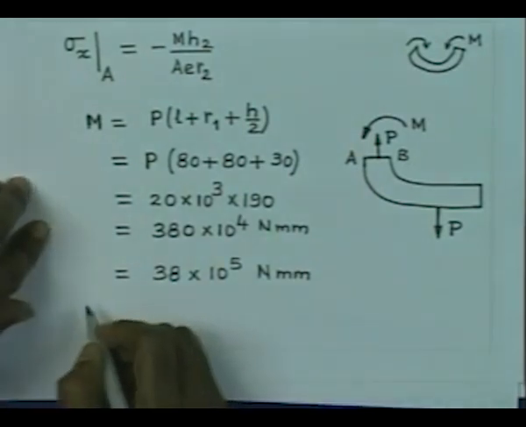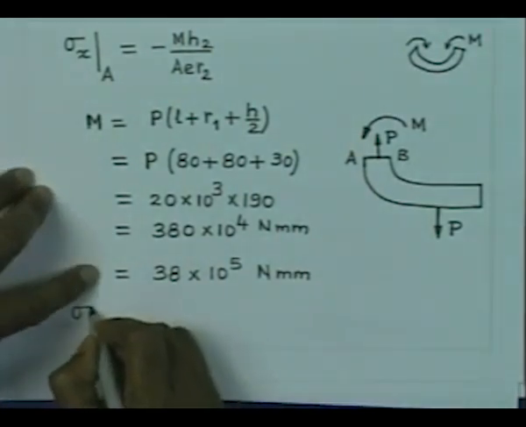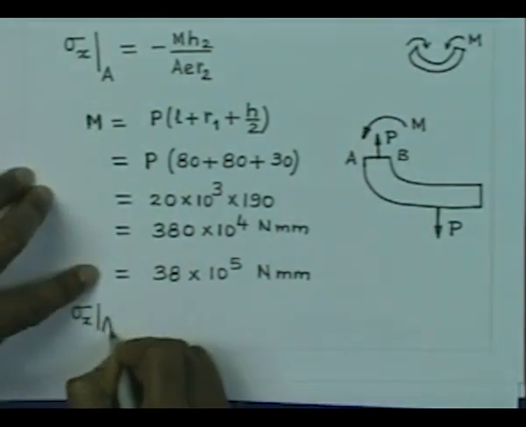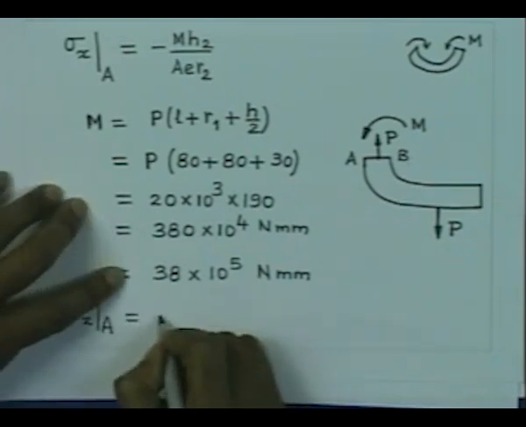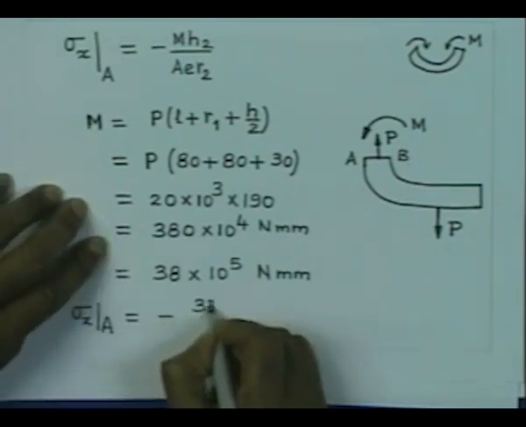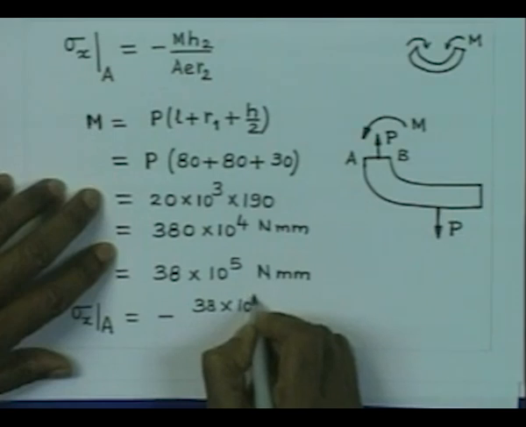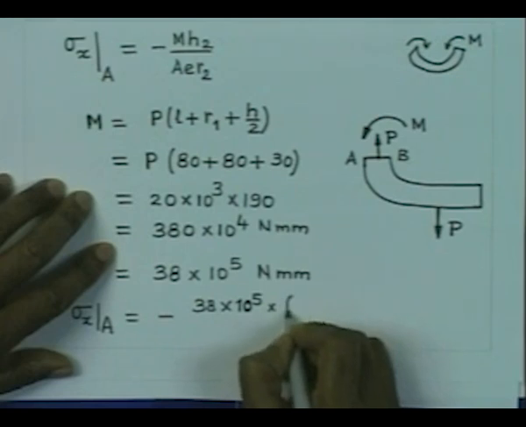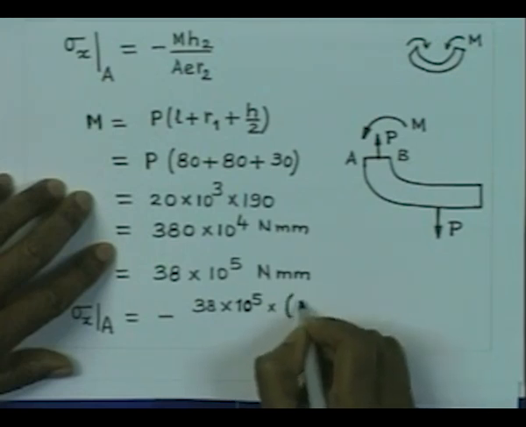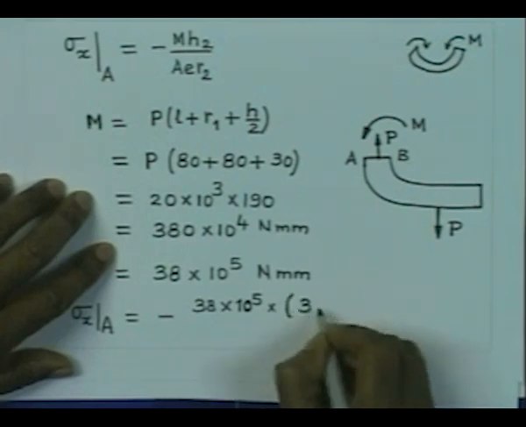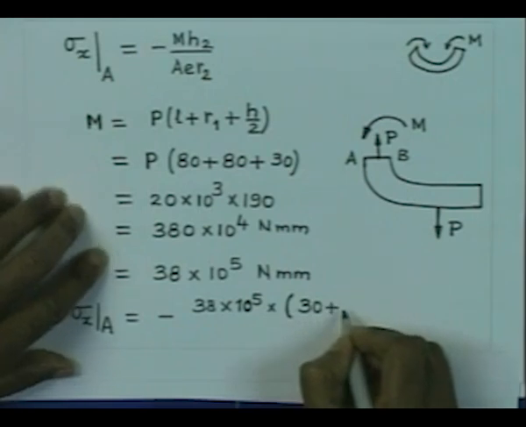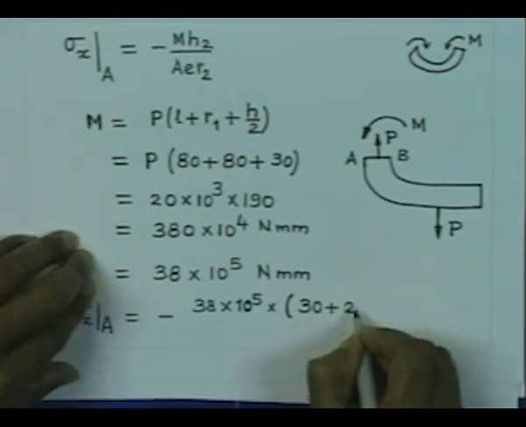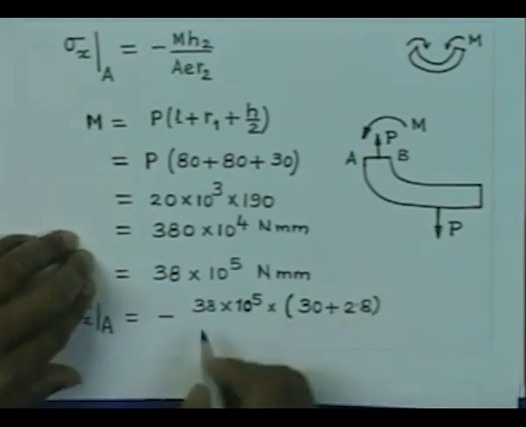So, we can substitute the values now. Sigma x at A is equal to minus 38 into 10 to the 5, and this H2 is 30 plus 2.8 millimeter, the eccentricity, so we add that.